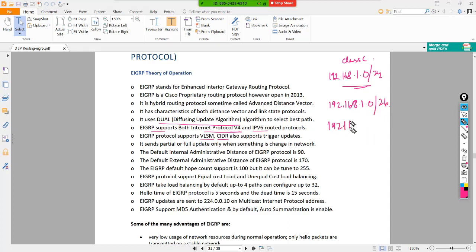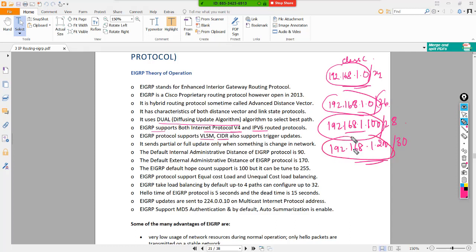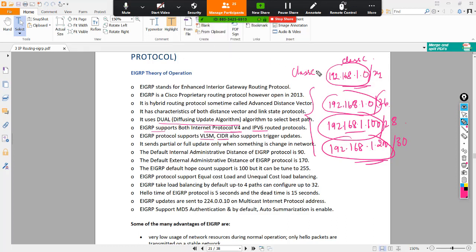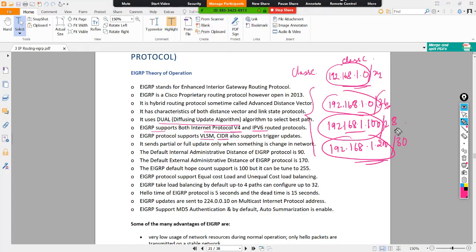I can make it 192.168.1.100/28, and let's say 192.168.1.200/30. So if you see, this is a whole single network, the 1.0 network, which is nothing but a class C example. But I am going to make use of the variable length subnet mask.